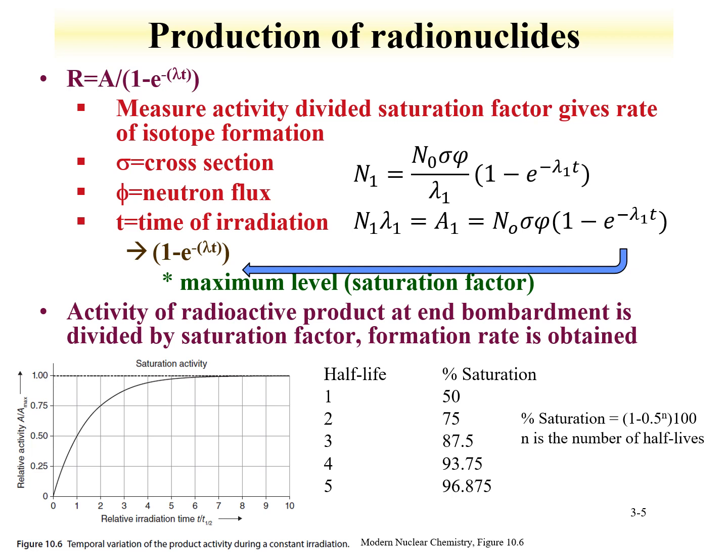This term, 1 minus e to the minus lambda t, is called the saturation factor, and it gives you an idea of where you're going to reach a maximum level. As one continues to irradiate, and if I look at the number of half-lives of the product isotope and compare that to the irradiation time, I reach a level where longer irradiations do not produce more material.